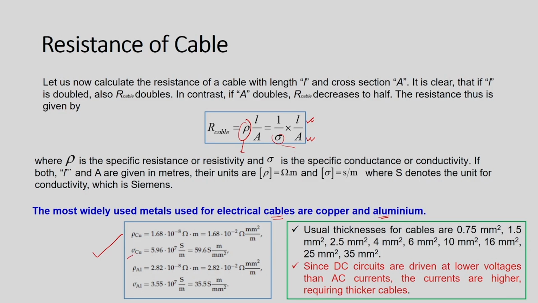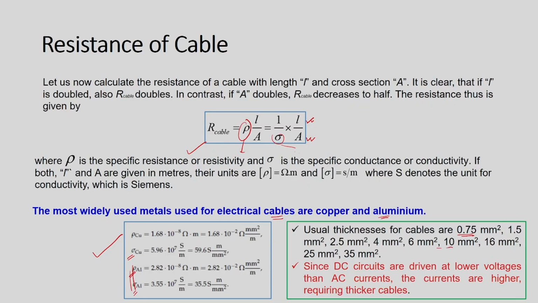You can see the values of copper for conductivity as well as resistivity, and then conductivity for aluminum, because most of the time these values are used for calculation of the resistance of a cable. Usual thicknesses for cables are about 0.75 square millimeter, 1.5 square millimeter, 2.5 square millimeters, and so on.